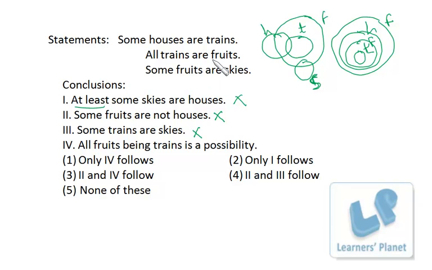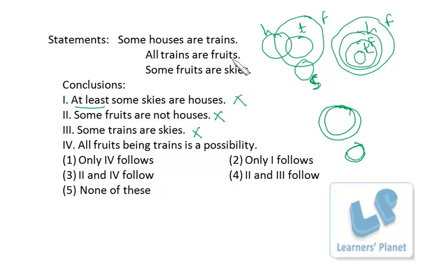See, once we are given all trains are fruits and we are asked about all fruits are trains. When all trains are fruits, we can have this sort of circle. Suppose this is a circle of train, then this can be an overlapping circle like this of fruit, right? So all fruits are trains is a possibility, not a surety.